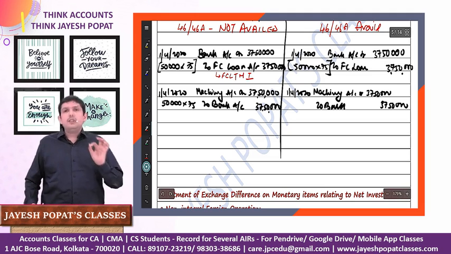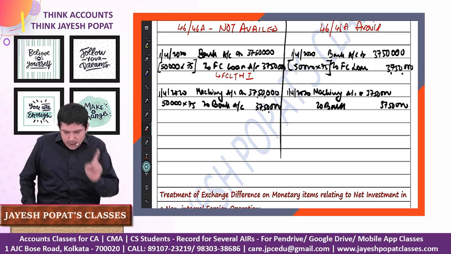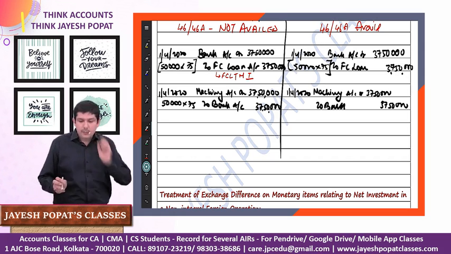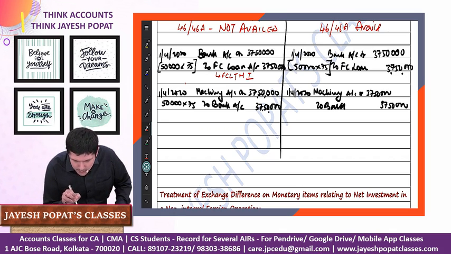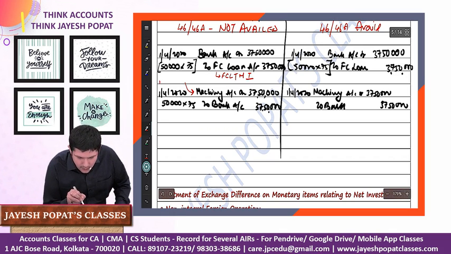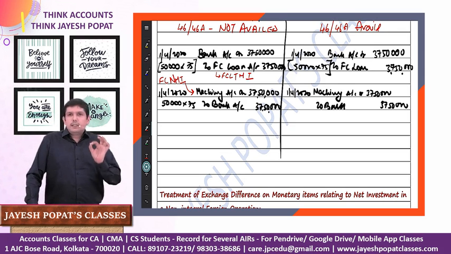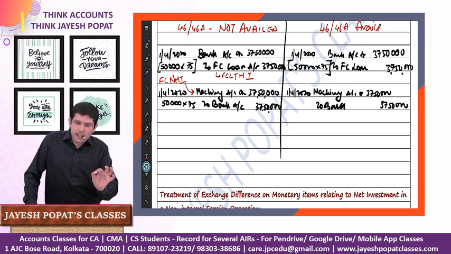Please remember, this loan is a foreign currency long-term monetary item. Whereas this machinery is a foreign currency non-monetary item. Absolutely clear, machinery is PPE and this machinery is a non-monetary item.